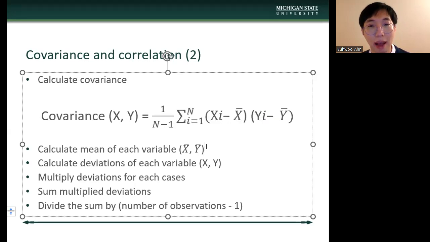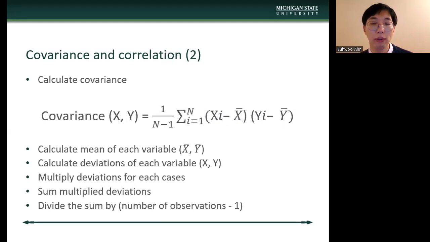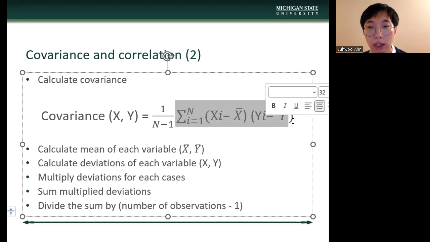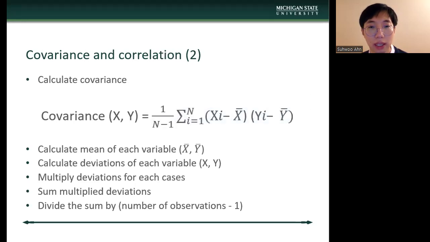Step by step: x bar is the mean of x, and y bar is the mean of y, so you first calculate the mean of x and the mean of y. Then for each data point, for each value of x and y, you calculate the deviations or differences like you did in the variance: xi minus x bar, yi minus y bar, for each case.